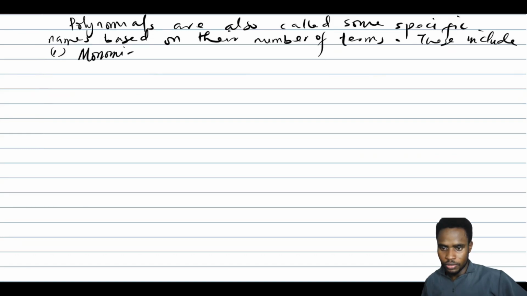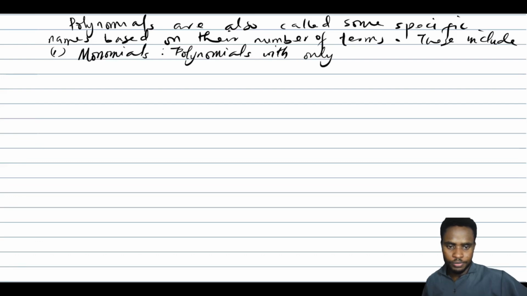Monomials. These are polynomials with only one term, e.g. just have, let's say, 3x squared, just have y, just have s, etc.